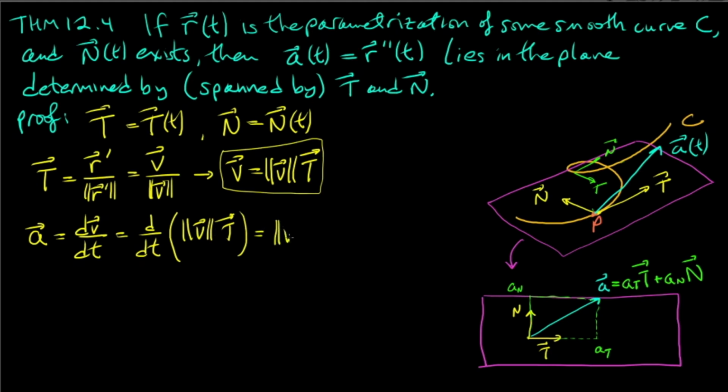We take first times the derivative of the second, the derivative of T, plus the second, which is T, times the derivative of, and this is going to be kind of awkward notation here, the magnitude of v, the derivative of the speed, all times the unit tangent vector T.